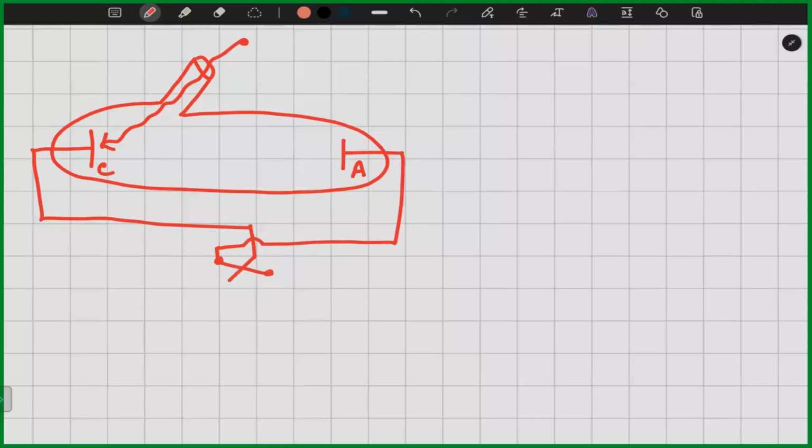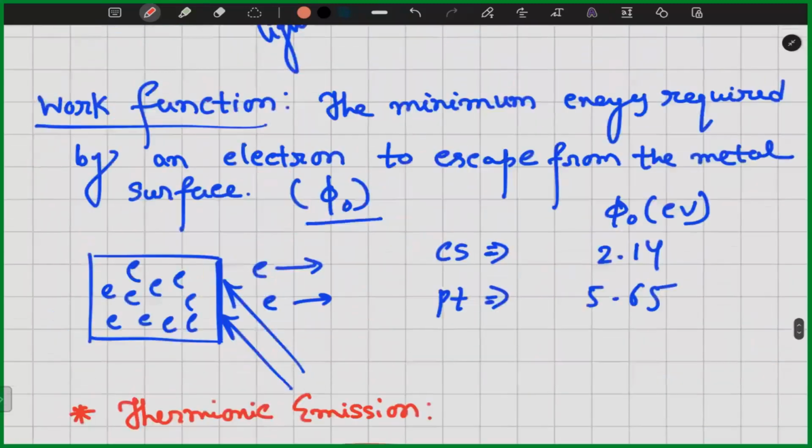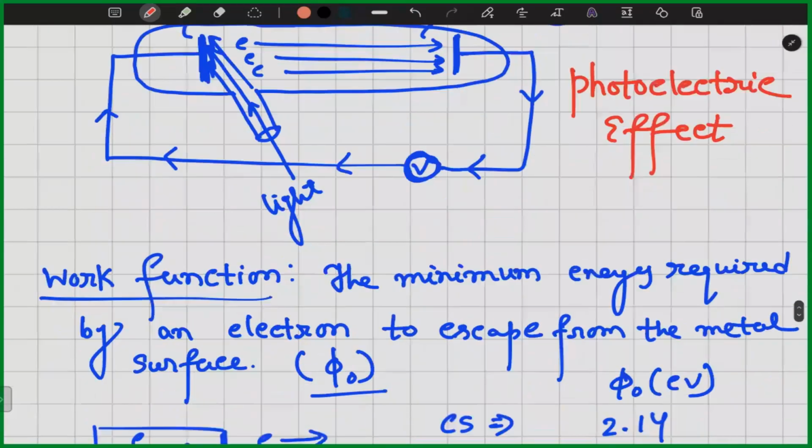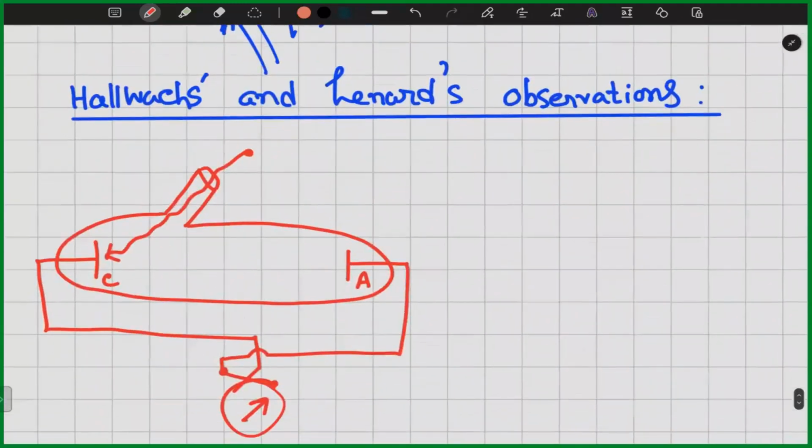Here is the voltmeter. If there is a deflection, there is a flow of electrons, and the voltmeter deflects. This is the setup used by Lenard.